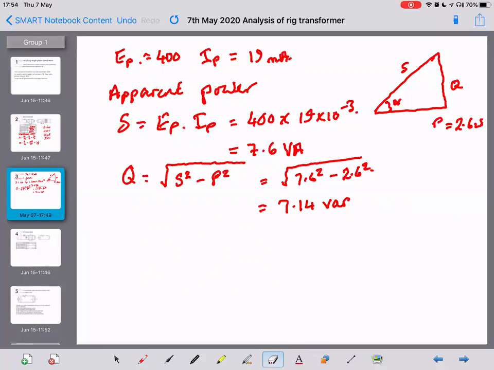So now that we've got that data, how might we find the values of RC, the parallel resistor?